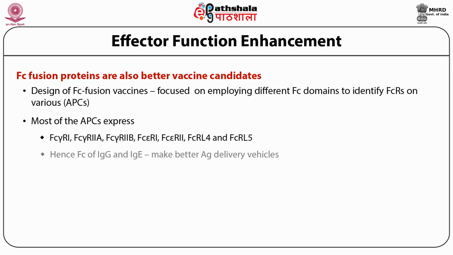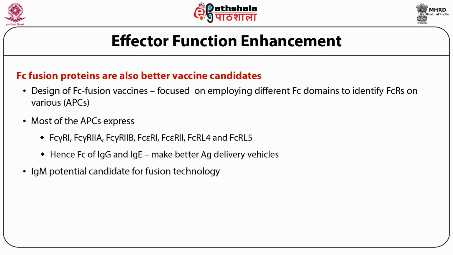So hence we know that these Fc regions of IgG and the Fc fragments from IgE can serve as the fusion partner for making a vaccine candidate molecule for antigen delivery to the various APCs.